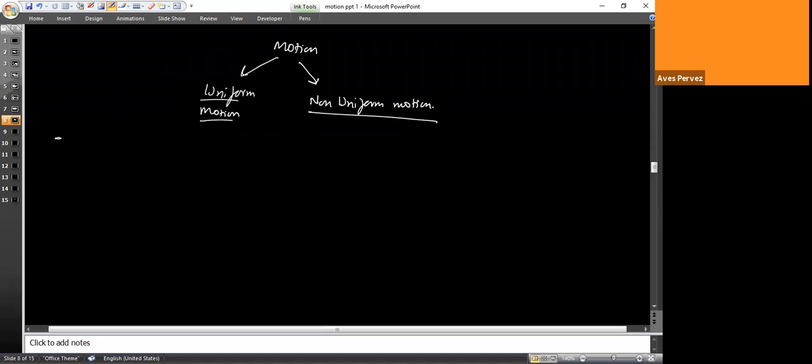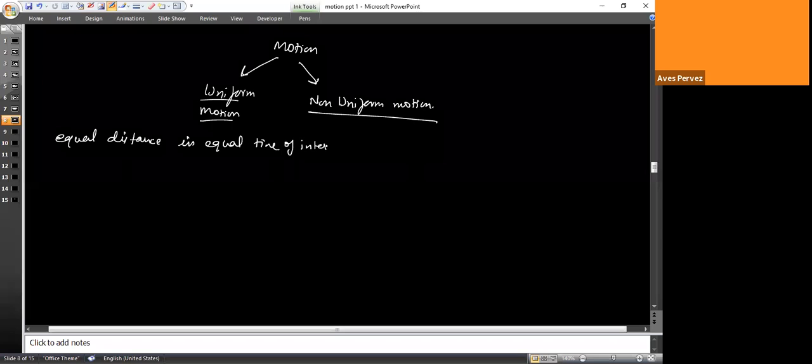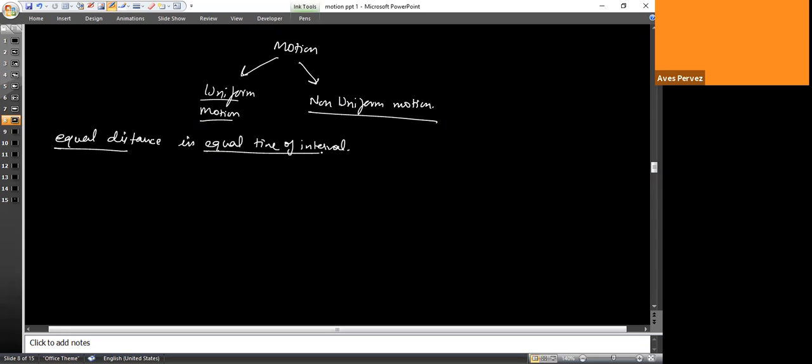Equal distance in equal time intervals. What does this mean? Equal distance in equal time of interval. Let's elaborate on this topic also.